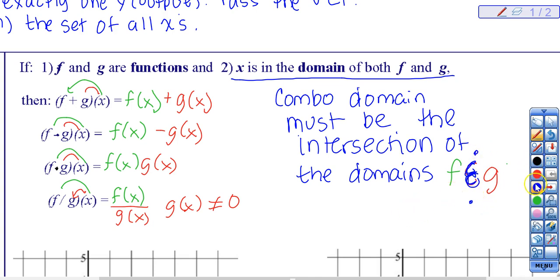Only. They have to have the x's in common in order for you to add their y's or subtract their y's, etc.